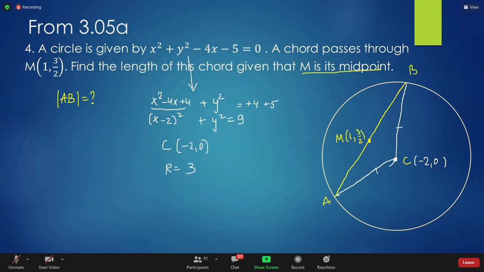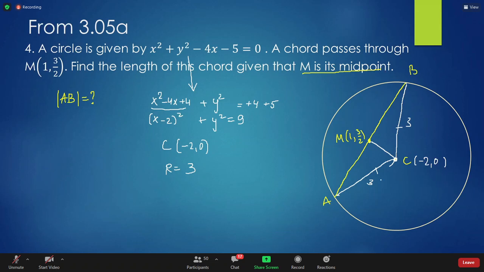Now, how does this help us find the length of the chord? In principle, we have 2 points with coordinates that we do know, so it would be a good idea to connect them. Now, there's a very important understanding required at this moment.